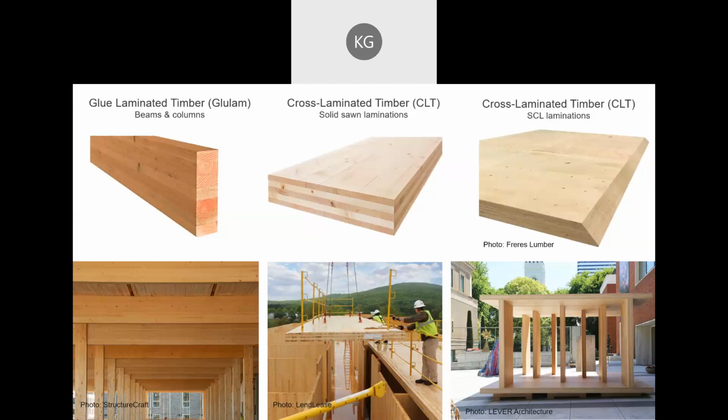Mass timber refers to a group of products, including what you see here. I was saying that typically we use post and beam, which is shown on the left, made up of glulams, and then the floor or roof plate is either CLT, cross-laminated timber, made of solid sawn laminations, the top middle, or made up of CL laminations like a plywood basically, but really fat and thick, shown on the top right.